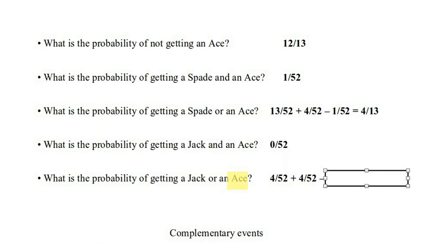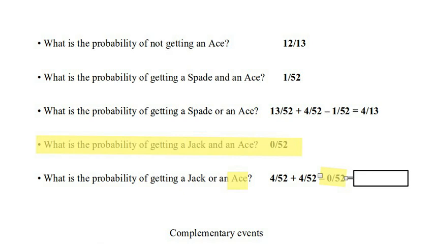Now we have to be concerned, as we were before for an OR question, that we might be counting the same card twice, except we've just answered that question. We're not counting the same card twice because there's no way that you can be a jack and an ace. So I'm going to show this just to show where these ideas come from. We don't need to show minus 0/52 because, of course, 0/52 is 0. But I want to show that the jack and an ace is exactly where it was in the previous time we looked at an OR question.